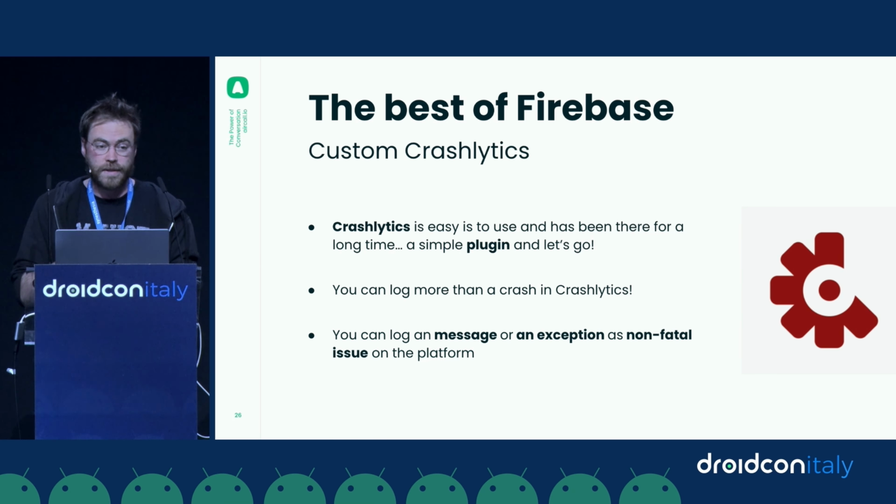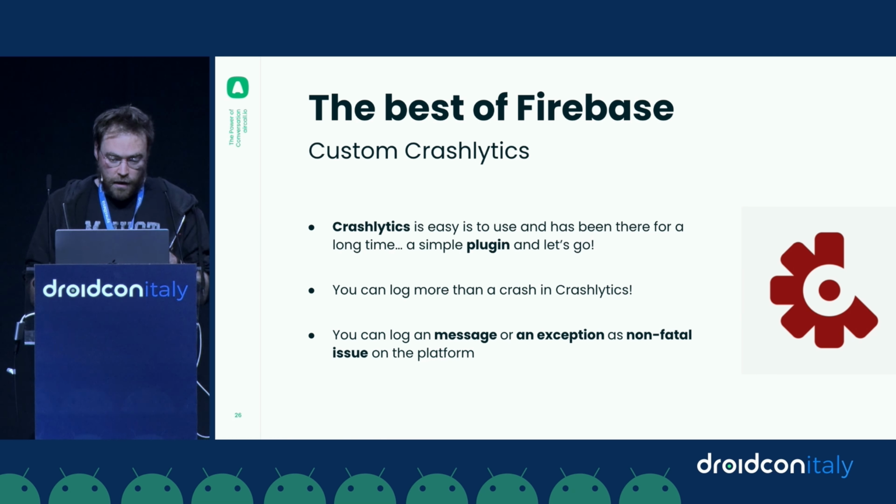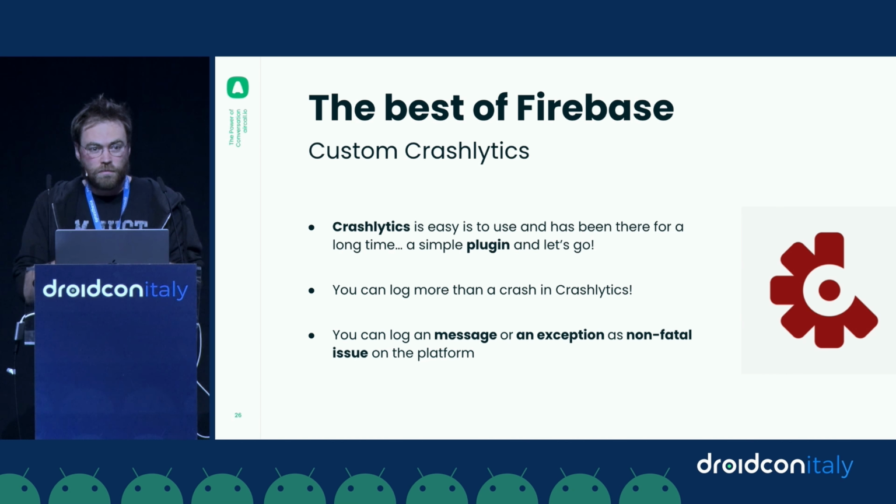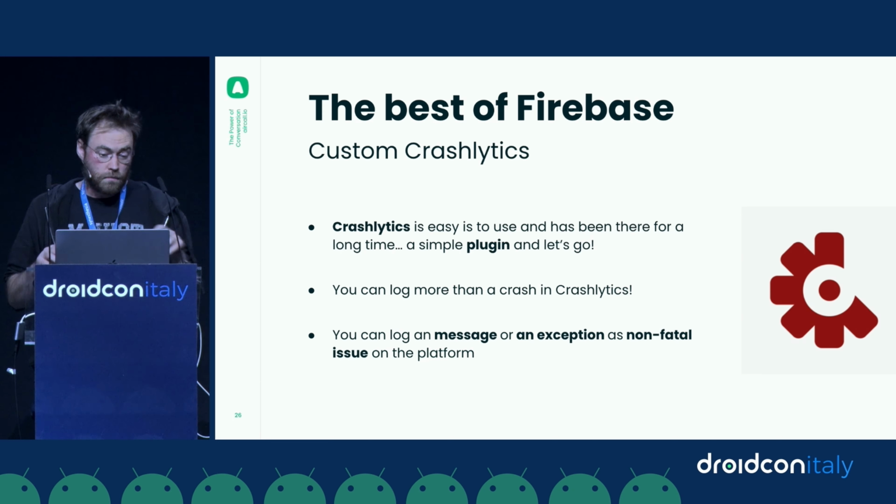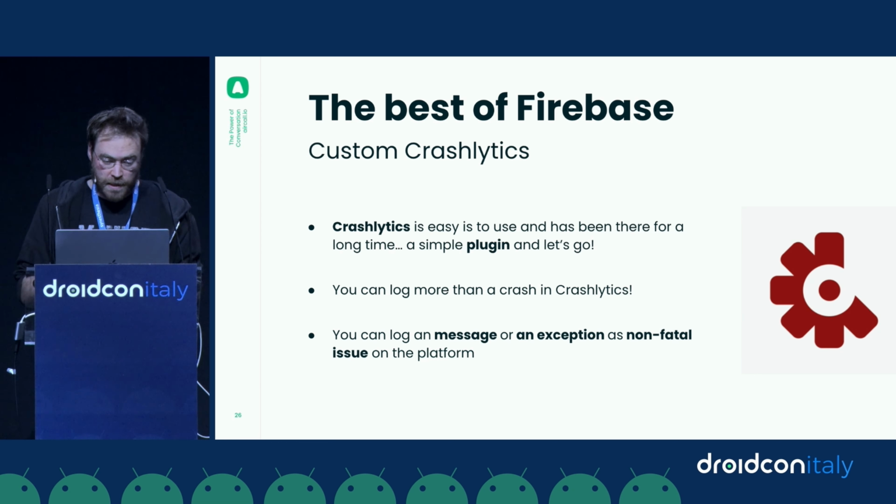To set up, it's a very simple plugin, but you can go a bit beyond just applying the plugin to your application, and you can also send some custom logging to Crashlytics to have a better monitoring experience with the library. So you can log any message or exception as a non-fatal issue on the platform.